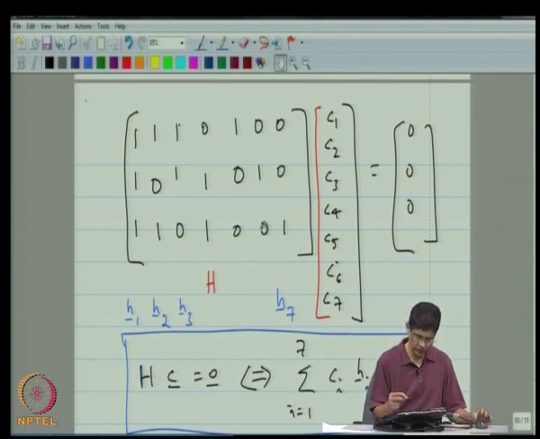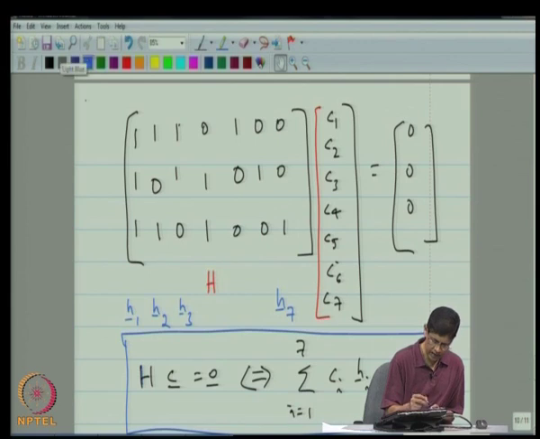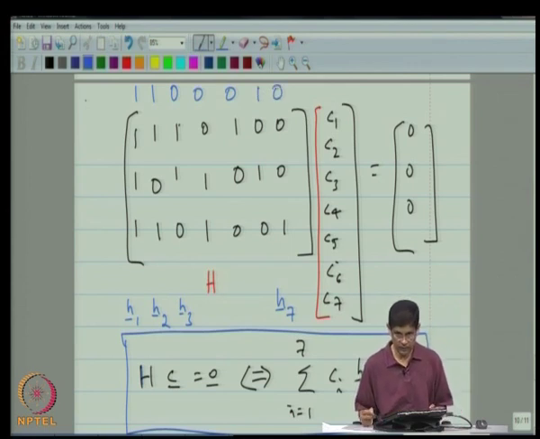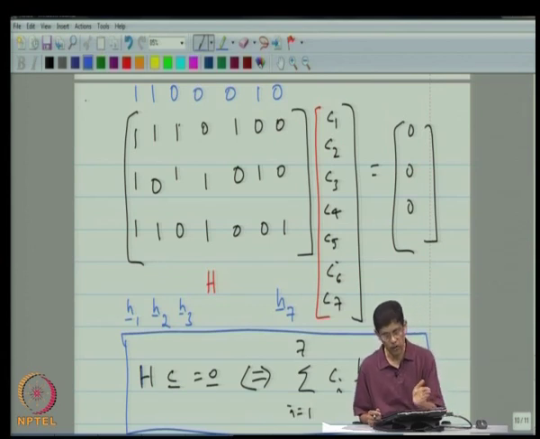What that is telling you is that there is a code word in the Hamming code which has the following symbols, 1 1 0 0 0 1 0. So you see that you can go directly from a dependence relationship amongst the columns of the H matrix to a code word.